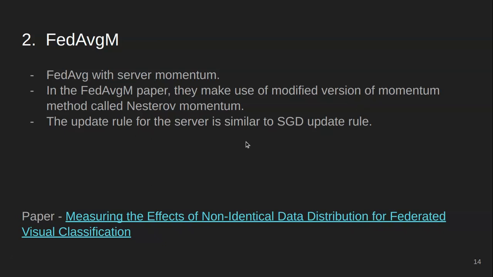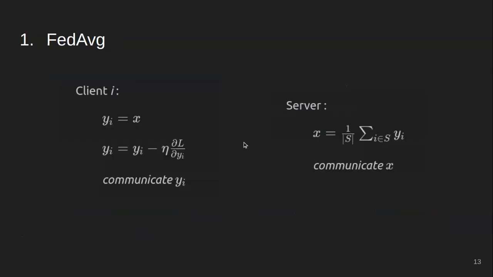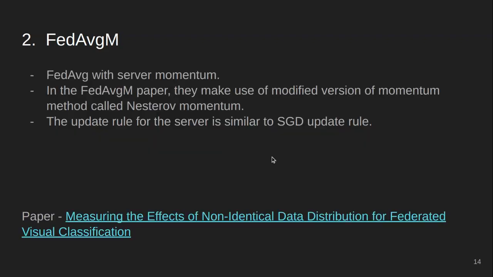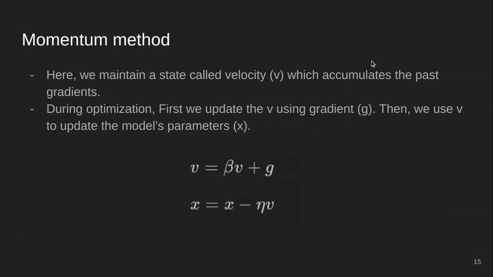The update rule for the server is similar to the SGD update rule. Here we have averaging at the server side, but in the case of FedAvgM, the update rule for the server is similar to the SGD update rule. You can read the paper. In the momentum method, we maintain a state called velocity, which accumulates the past gradients.